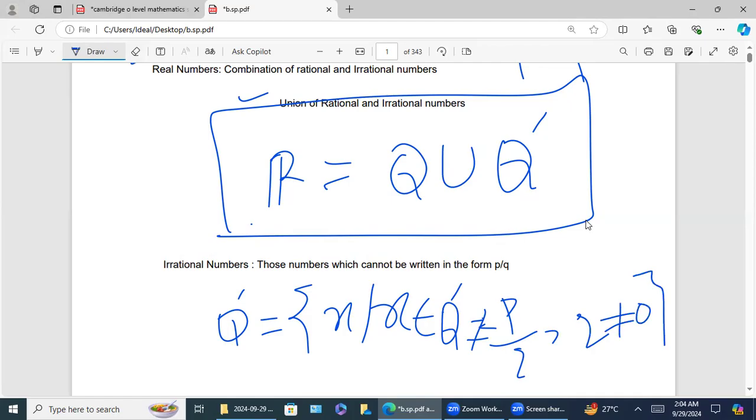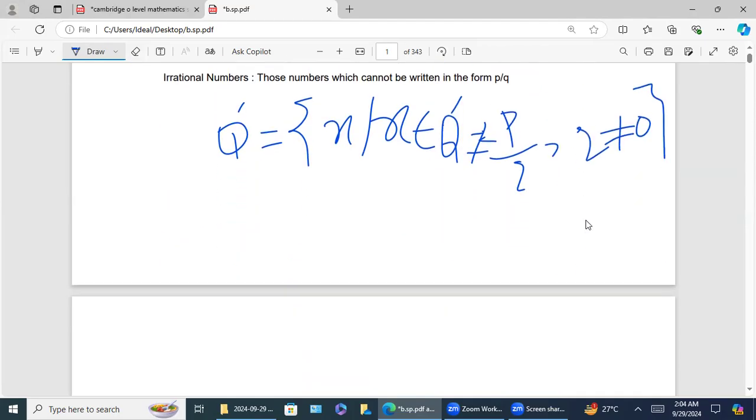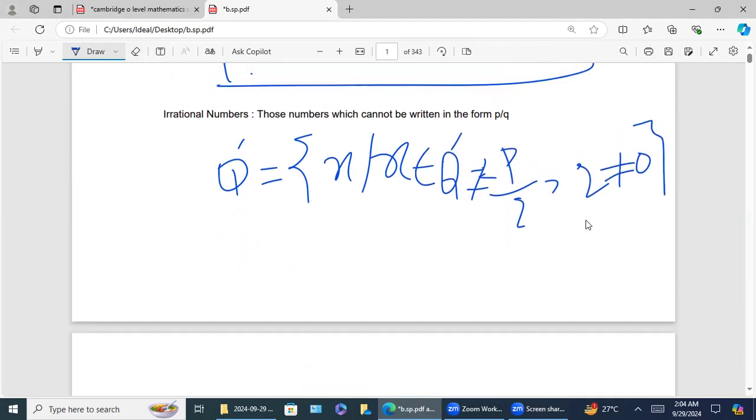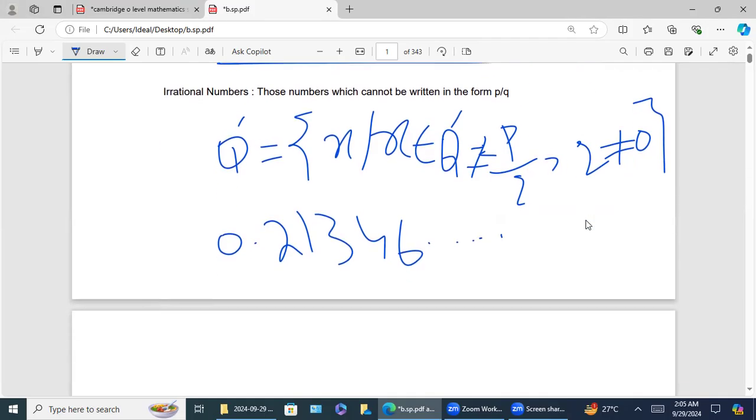What is meant by this? Dear students, we have different values like 0.2, 1.3646, and so on. There is no end, and it is non-terminating.